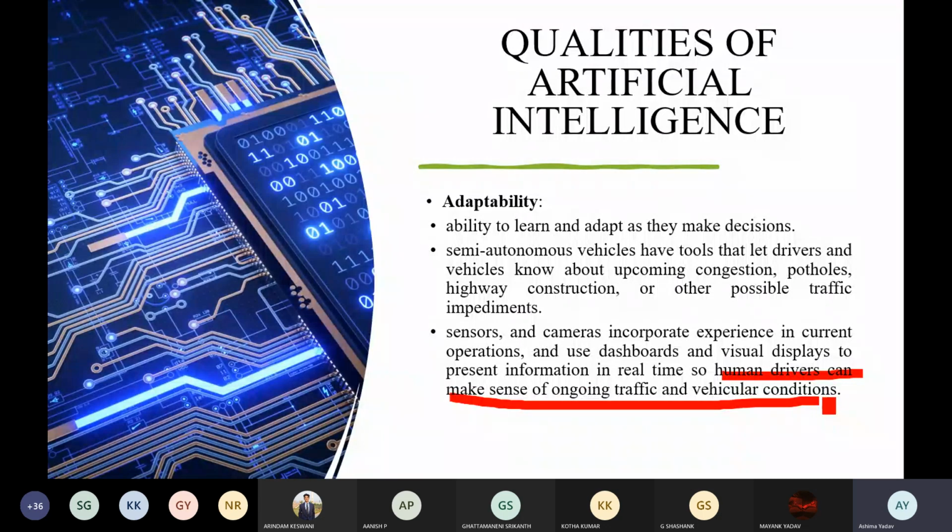So accordingly, what is the current situation there, do we have to increase the speed, or when we have to press the brake, and accordingly, based on the input that it receives, it is able to adapt itself and give you the correct output. So these are some of the qualities of AI.